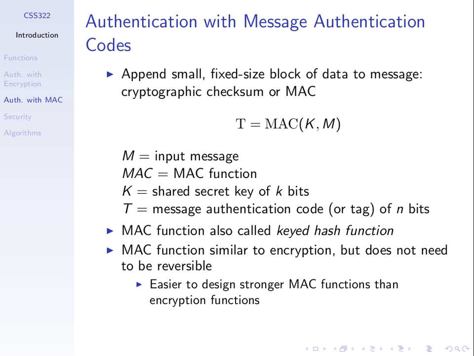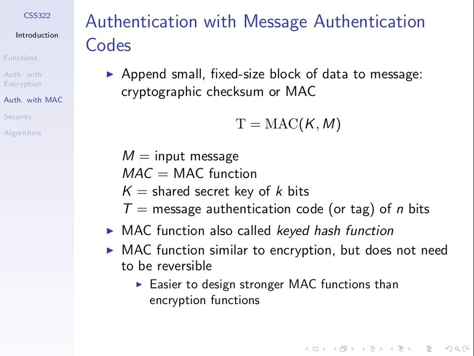Similar to encryption, but does not need to be reversible. With encryption, we need a corresponding algorithm that takes the ciphertext and the same key, and it must get the same M as output. We need to be able to decrypt. With a MAC function, we don't need to be able to decrypt.